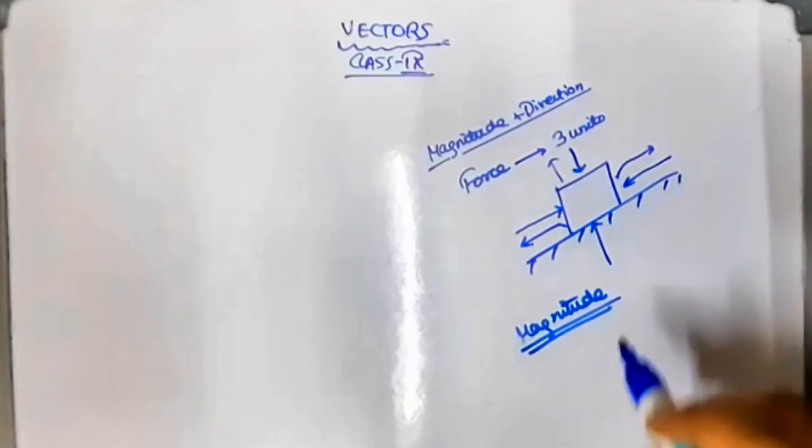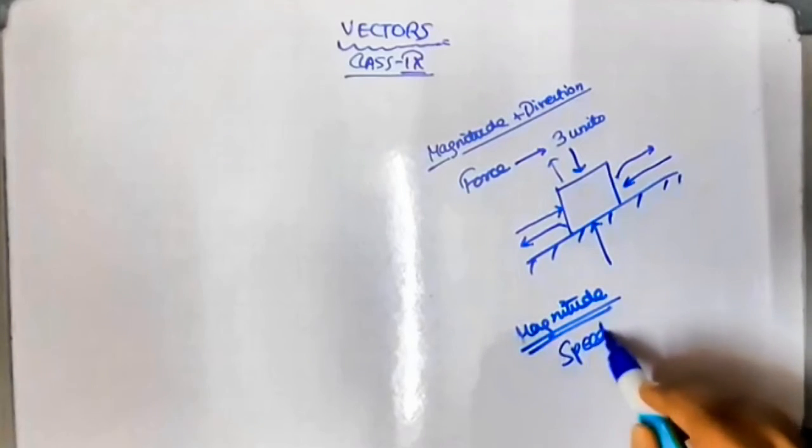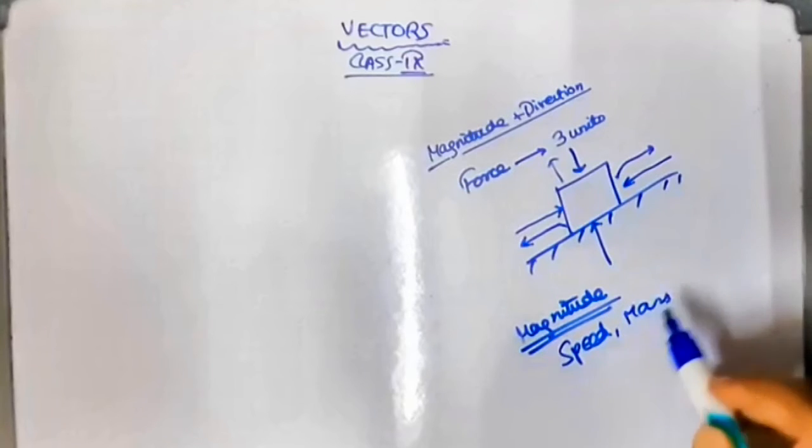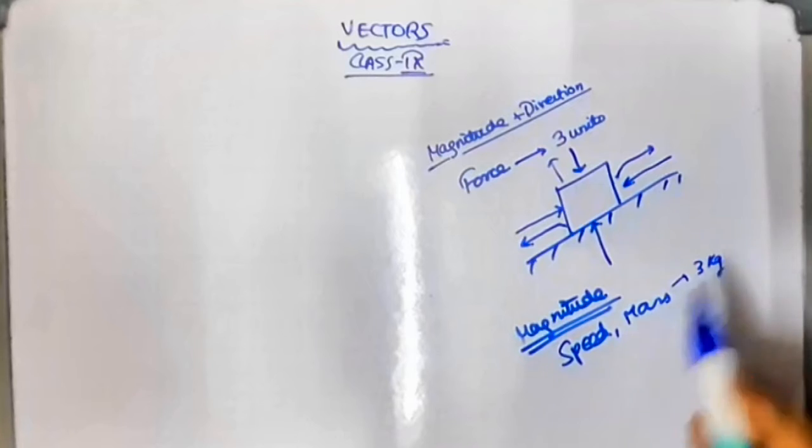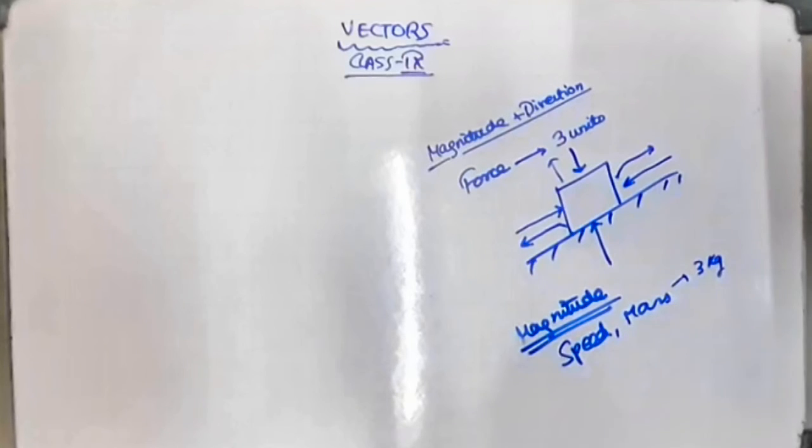For example speed, for example mass. If someone asks you what is your mass, you say 3 kg. No one will ask you 3 kg in which direction.